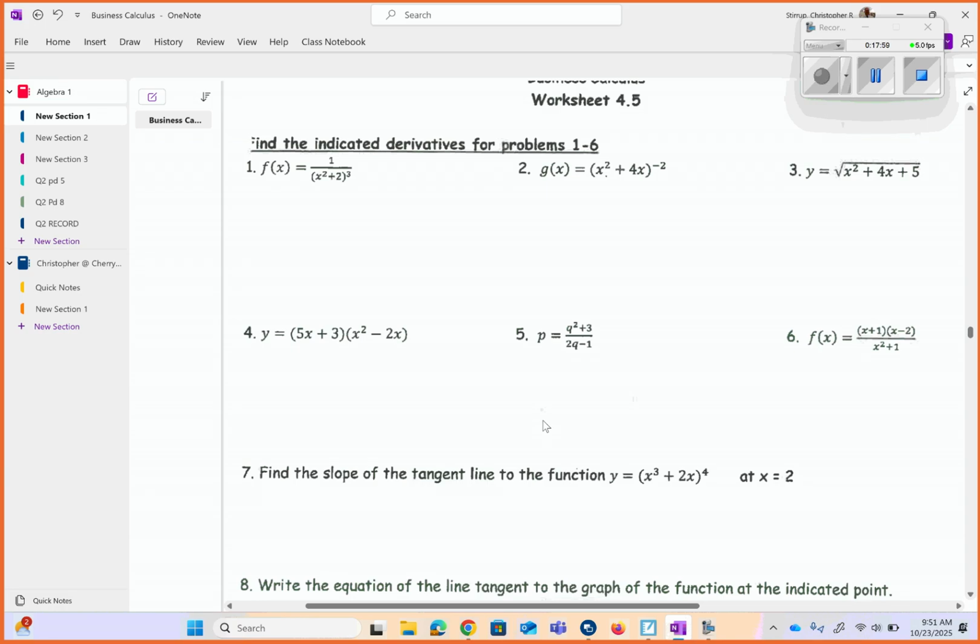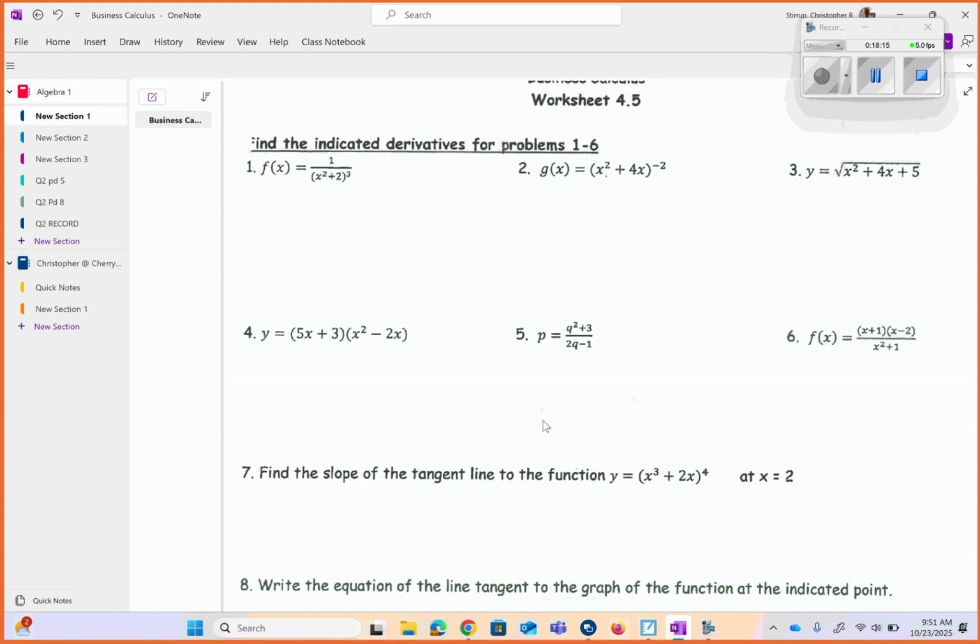So I want to start a couple of these problems. These will not be on the quiz, but I want to just start them so you can get an idea of how we would start manifesting derivatives.